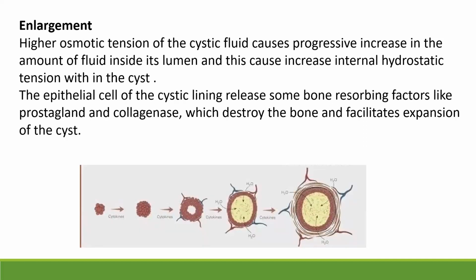Enlargement: higher osmotic tension of cystic fluid causes progressive increase in the amount of fluid inside its lumen, and it causes increased internal hydrostatic tension within the cyst. The epithelial cell of the cystic lining release some bone resorption factors like the prostaglandin and the collagenase, which destroys the bone and facilitates the expansion of the cyst.